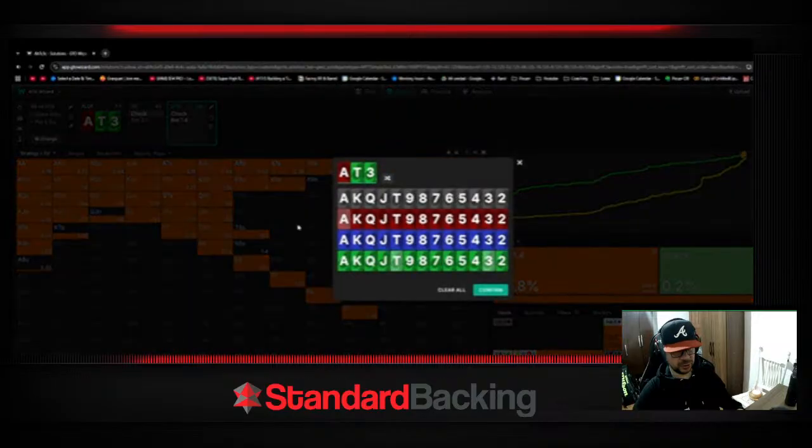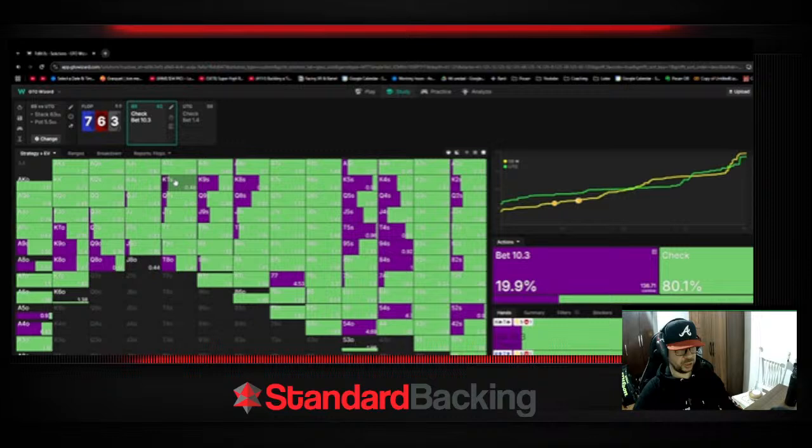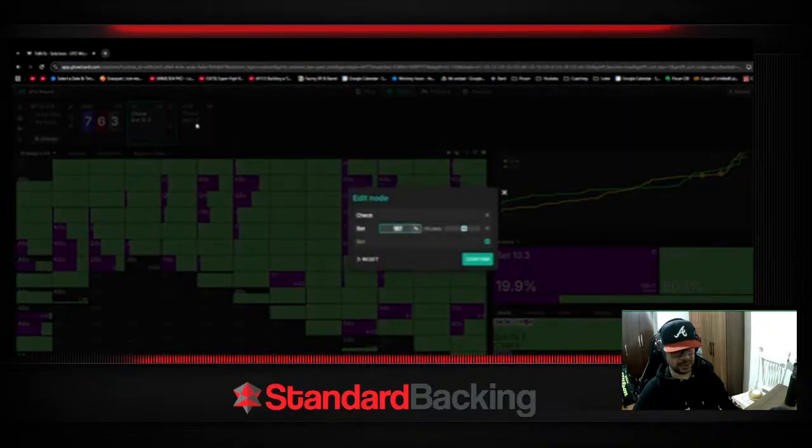Now, it's interesting to see what happens with a board that is quite more connected, like this. For example, the donking range, how the big blind is going to donk here, if it's going to donk at a high frequency. It is choosing a huge size, almost overbetting, when I give all the sizes.